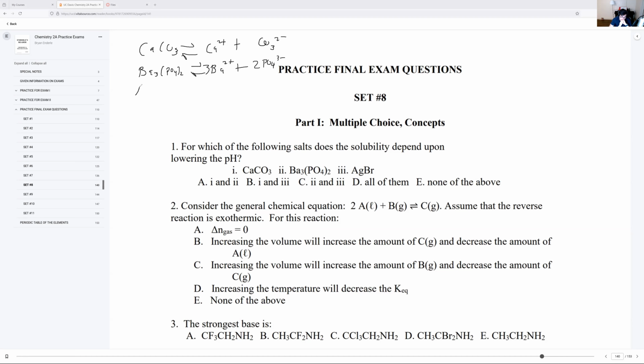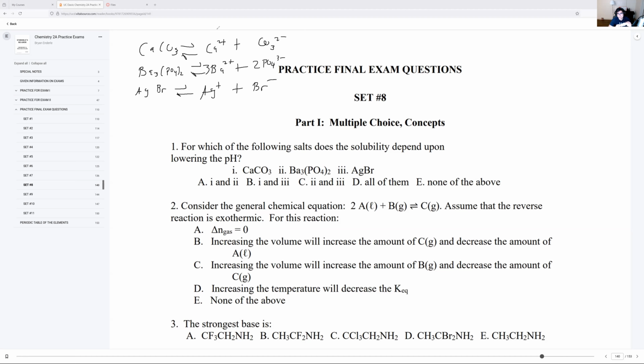And then AgBr, Ag+ and Br-. So if you were to look at these reactions, you would ask yourself, does hydrogen react with any of the products? Why does that matter? Because if it does, by Le Chatelier's principle, if you remove a product, then it pushes the reaction to the right, which makes it more soluble.